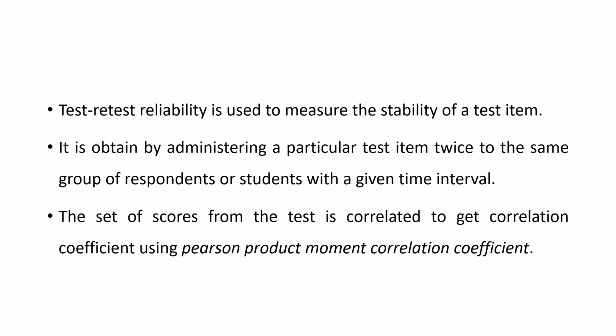You must have derived two scores, pairs of scores. By the time you correlate using Pearson product moment correlation coefficient, if we get between 0.7 and 1, that shows that the instrument is stable over time. So the correlation coefficient will enable us to conclude that it has high stability. Then such an instrument can be used for the main study.